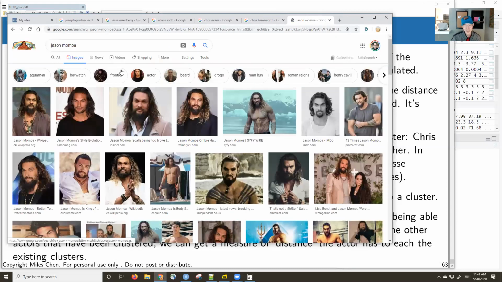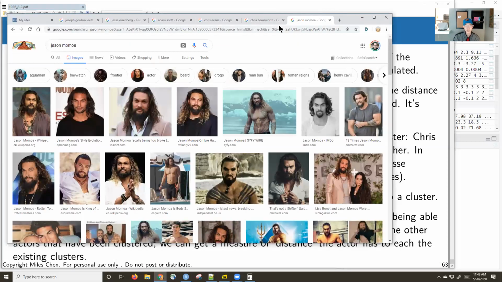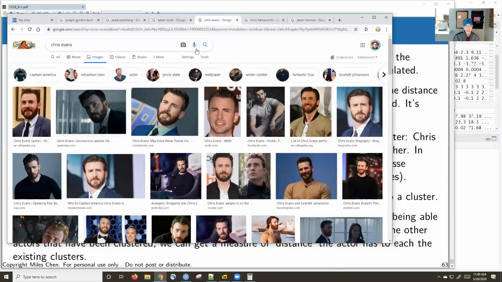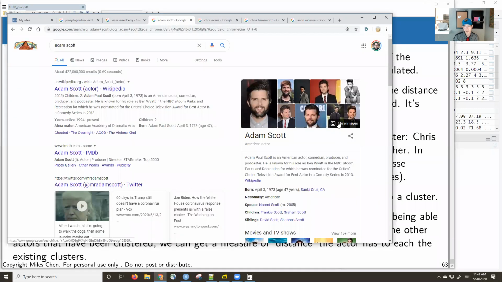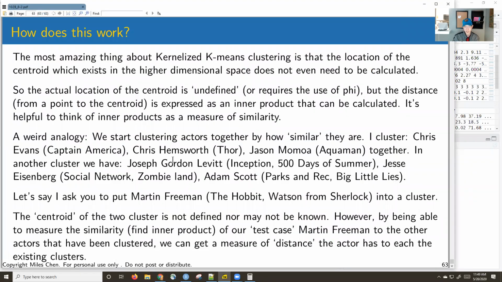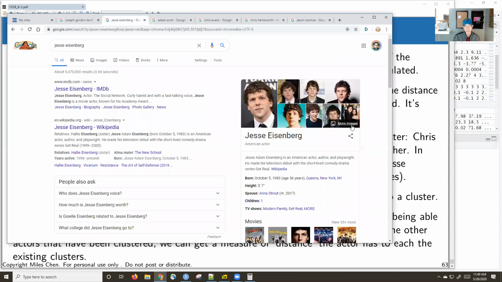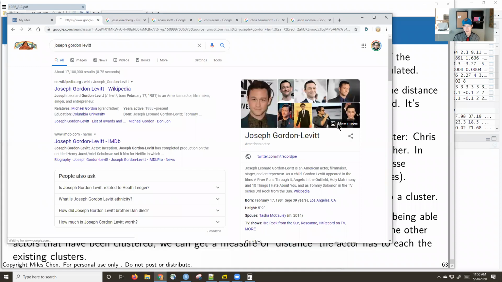And let's say we have these actors. We have Jason Momoa, Chris Hemsworth, Chris Evans. And then we also have other actors. We'll say we've got Joseph Gordon-Levitt, Jesse Eisenberg, and Adam Scott.